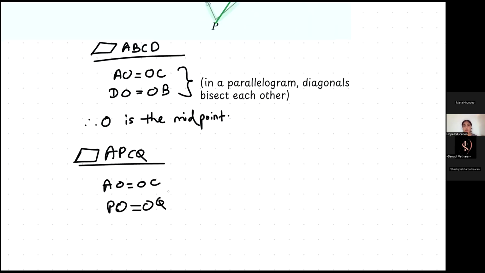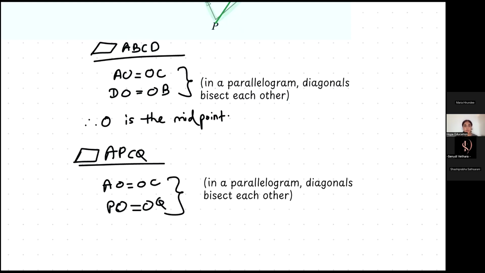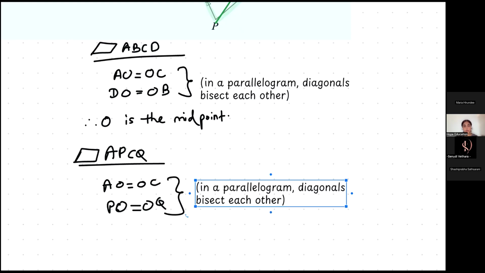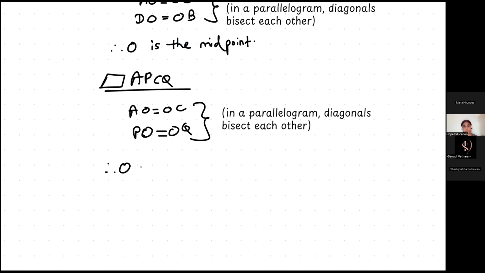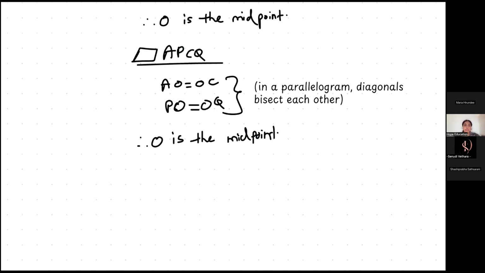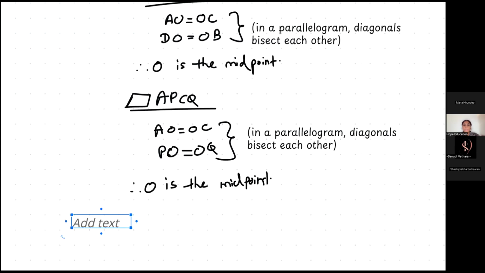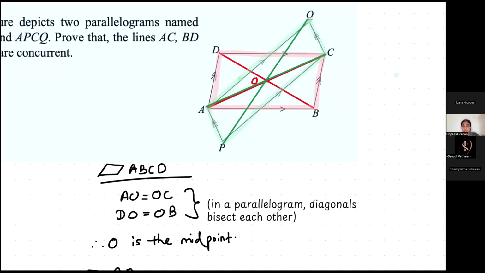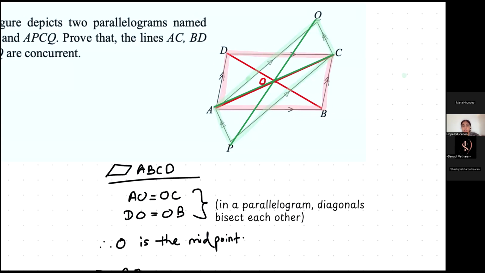We know in a parallelogram, diagonals bisect each other. And therefore, here also O is the midpoint. දැන් එහෙනම් කලින් parallelogram එකේ O is the midpoint. Here also O is the midpoint. Therefore, we can say AC කියන line එකයි, BD කියන line එකයි, PQ කියන line එකයි, they are concurrent.